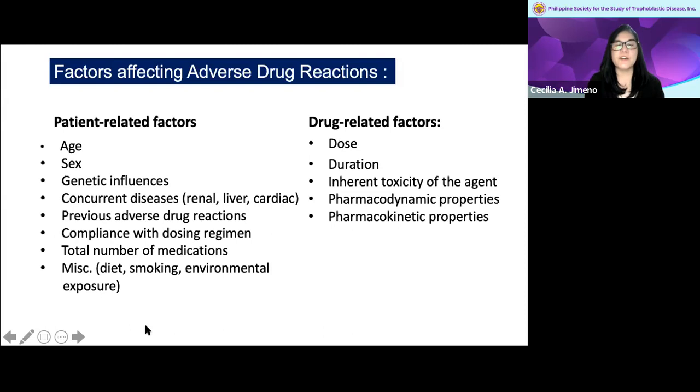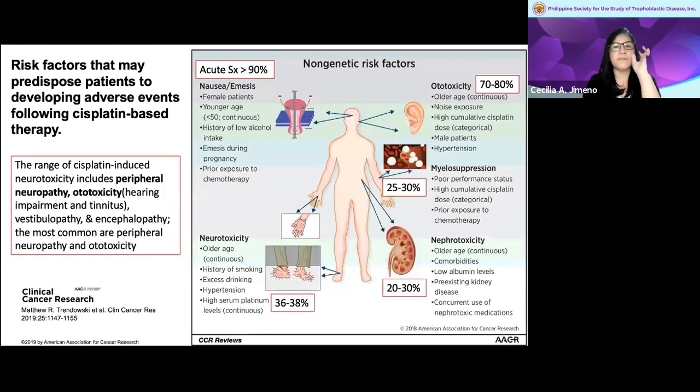And of course, the drug-related factors would be the dose, including the cumulative dose, which is related to the duration of exposure, and the inherent toxicity of the agent. So just to point out to you that, for example, for cisplatin, while an older age leads to greater tendency for neurotoxicity and nephrotoxicity, a younger age is actually highly associated with greater occurrence of nausea and vomiting.